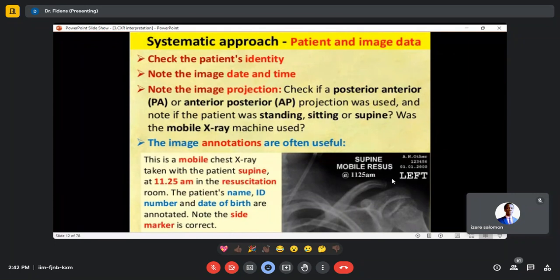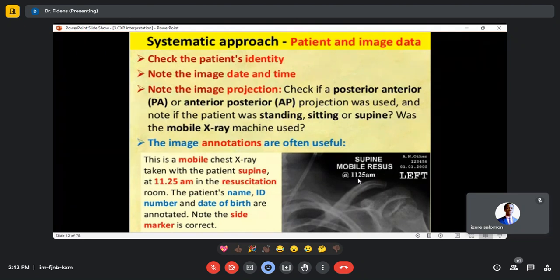Some of the centers put many things, others put very few. Like here, they have said that the patient was in supine position. They have used the mobile machine because the patient was in a C-section room.